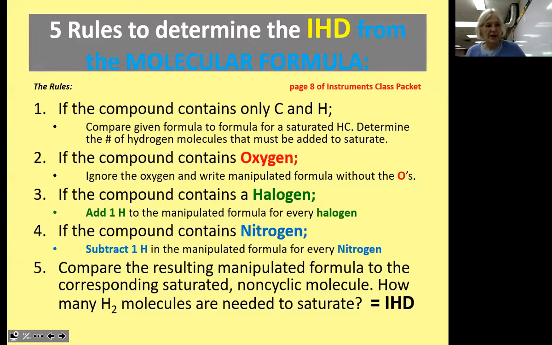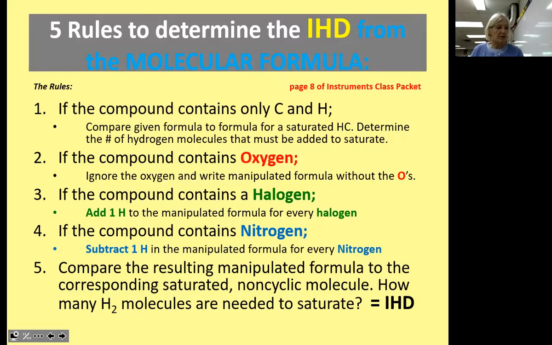So here are the rules, and I'd like you to study them and carefully learn them from this yellow slide. If the compound only contains C and H, then compare the given formula to the formula for a saturated hydrocarbon.